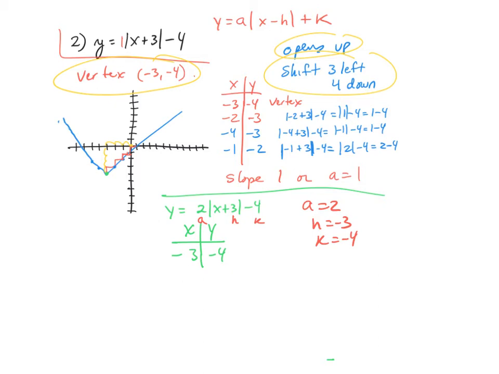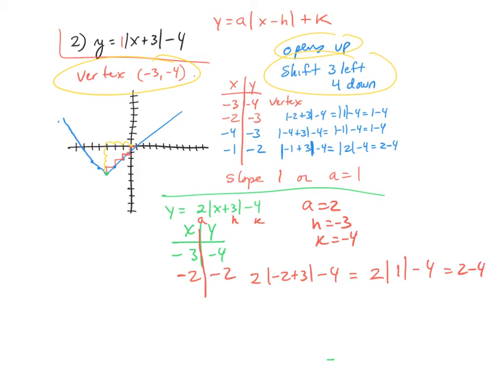So now, let's see. If I pick -2, I'm going to have 2, absolute value, -2 plus 3 minus 4. That's going to give me 2, parentheses, 1, minus 4, which is 2 minus 4, or -2.